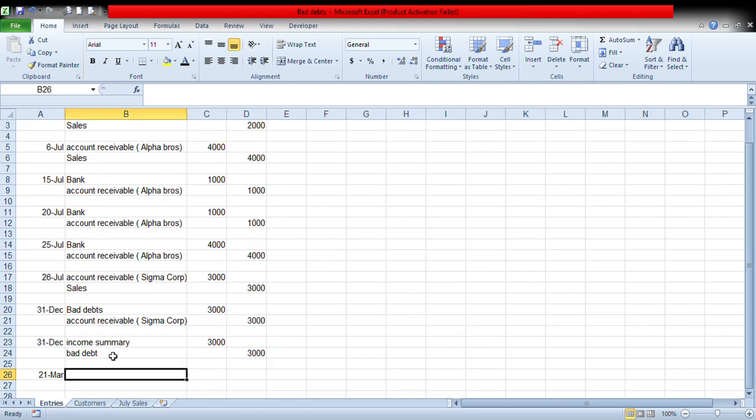First of all, make the entry. For example, bank debit. Again, what we wrote is bad debt income. Yeah, bad debt revenue.